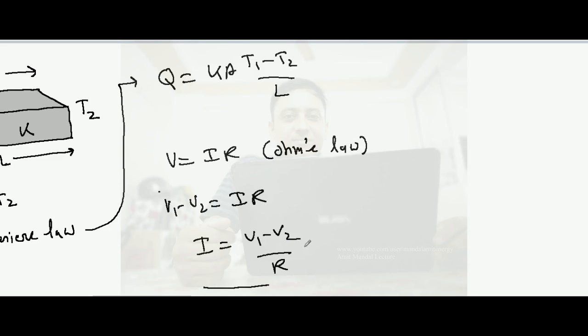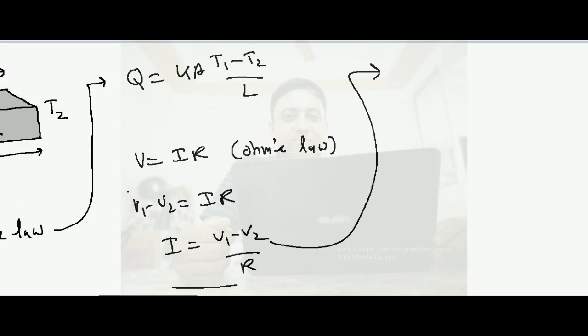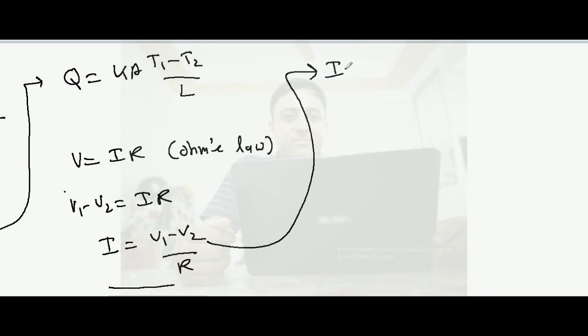So what happens in this formula, which is the outcome of this Ohm's law? I is the electric current, and we can take it as charge transfer rate, because what is the definition of electric current? The definition of electric current is the amount of charge transferring from one point to another with respect to time. So this is charge transfer rate, okay.